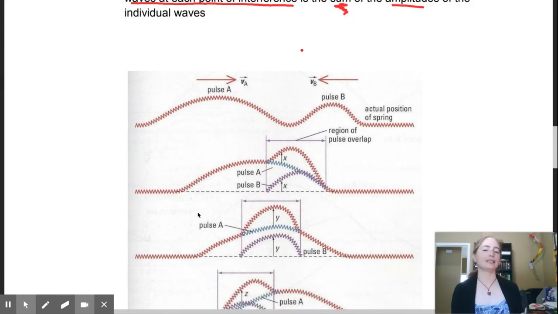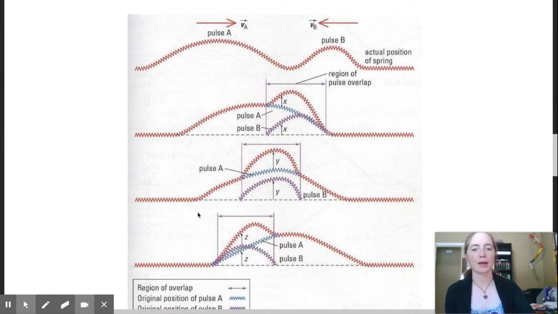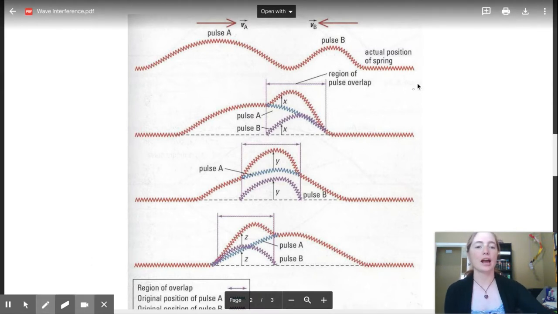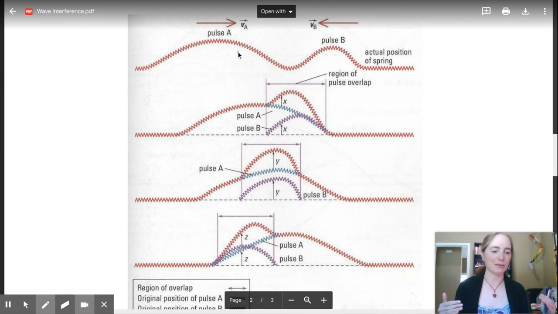So this is a really nice example here. I quite like this one. It looks like it's a little bit of a mess, but we're going to go over this example in a little bit more detail. What we have is two waves, and they're moseying along down the same spring. I'm going to give these waves ultra fancy names.